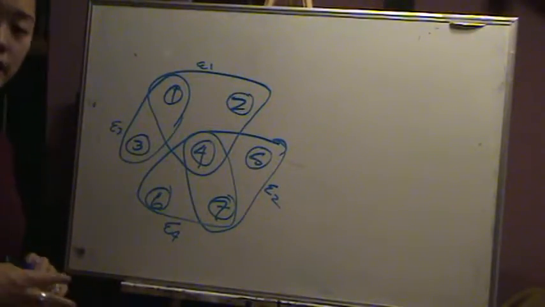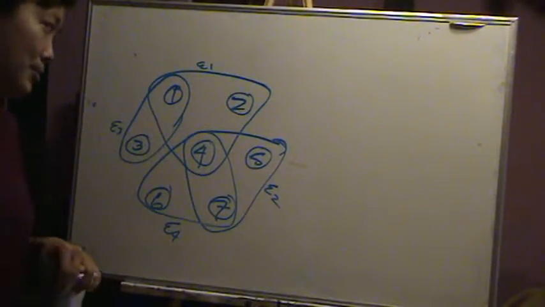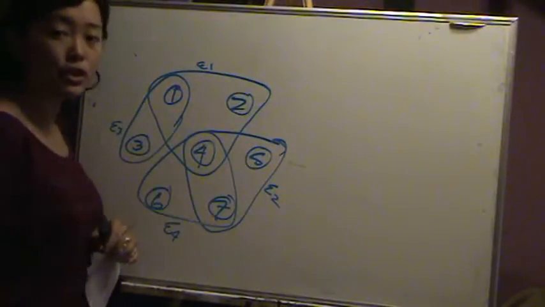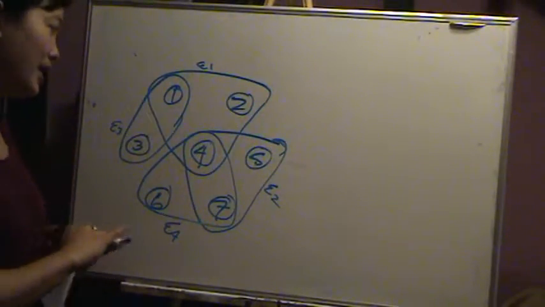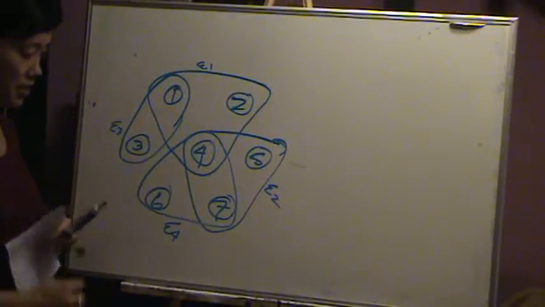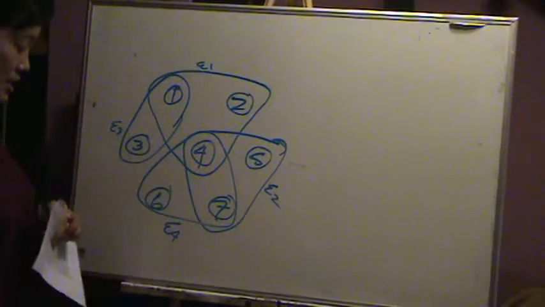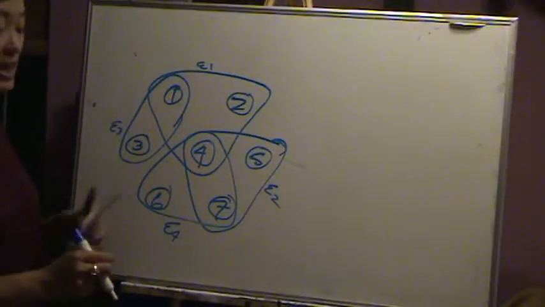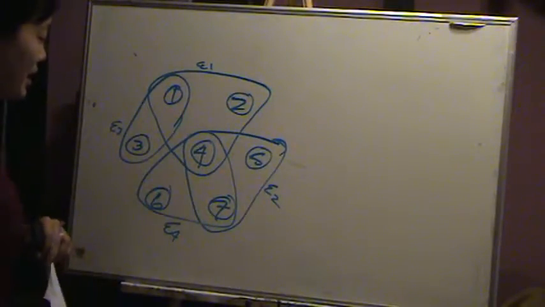That would be considered a uniform hypergraph, specifically a 3 uniform hypergraph. But since this edge has only 2 versus the 3 nodes in the other ones, it is non-uniform.